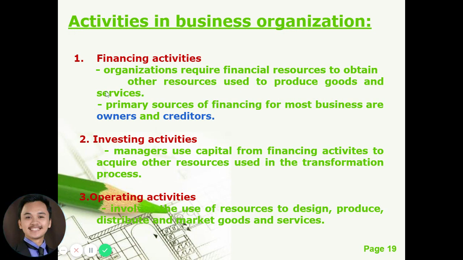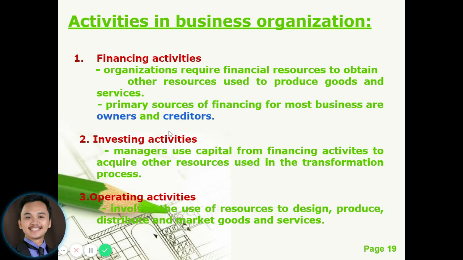But in order for us to understand simply, the term financing is sourcing out of capital. If the entity does not have enough capital to be used in the operations of the business, then they can source it out. For example, they could borrow money from different banking institutions or financial institutions. So the primary sources of financing for most businesses are owners and creditors.